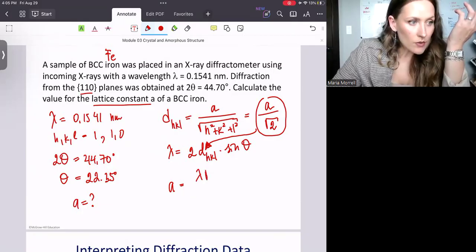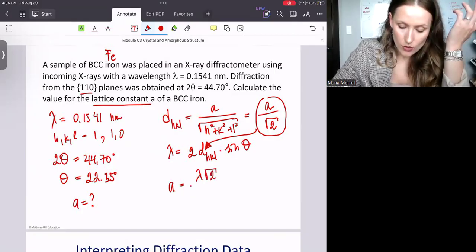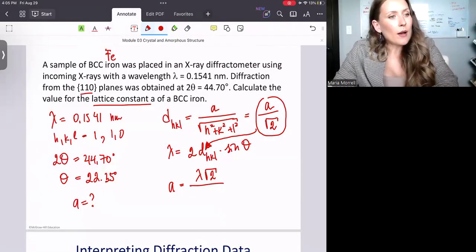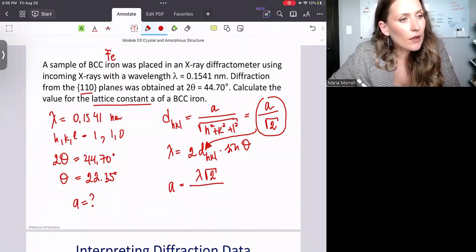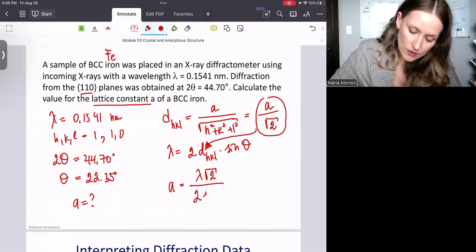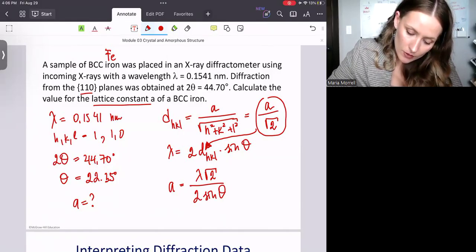Lambda times square root of 2 divided by 2 sine theta, right? Because I will express it for you, because you will end up with 2 A sine theta divided by the square root of 2.